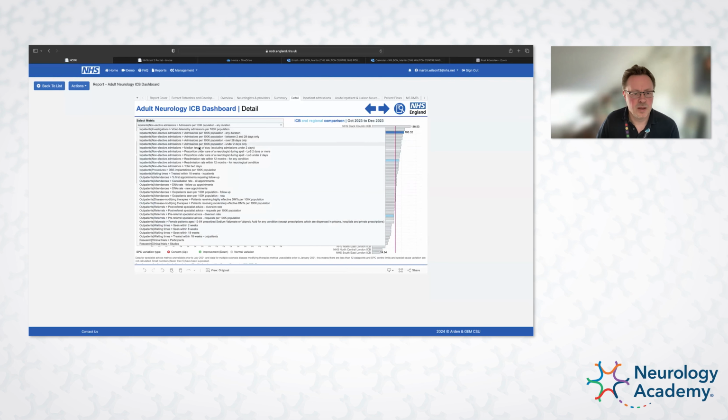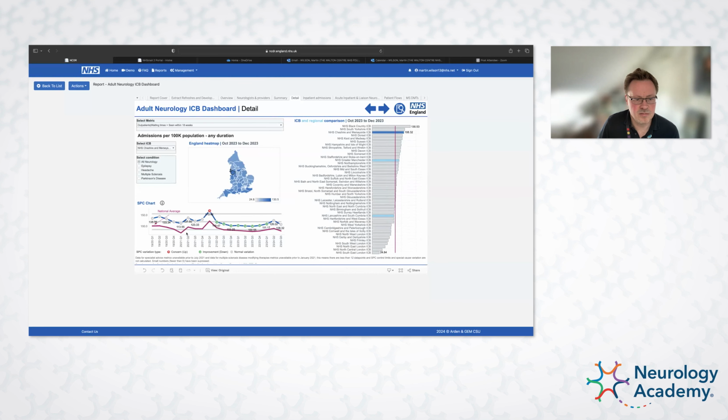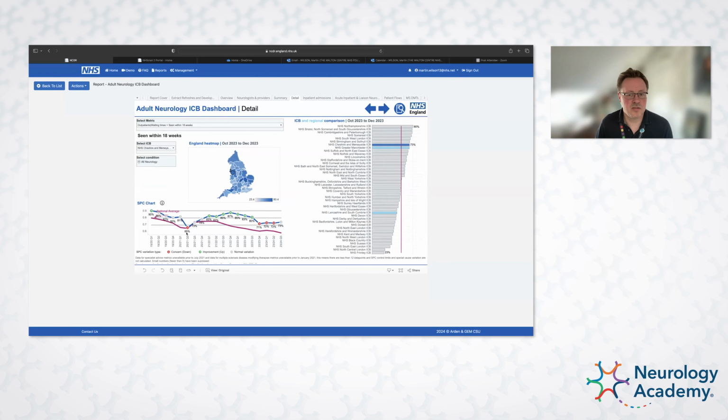If we look at outpatients seen within 18 weeks, now being higher up on this list is a good thing. So we're relatively good for that, 73%. But again, you can look at all these metrics in this way and see where you compare with other areas.